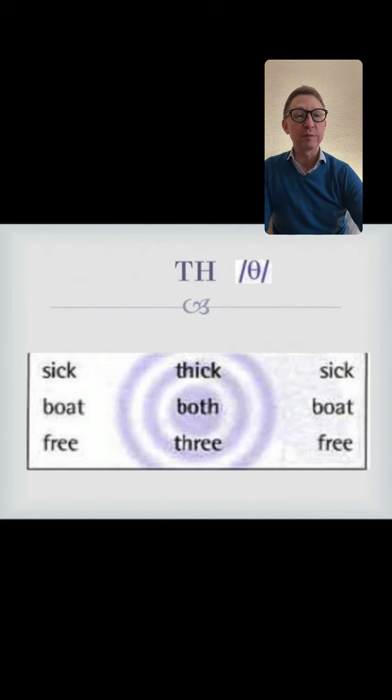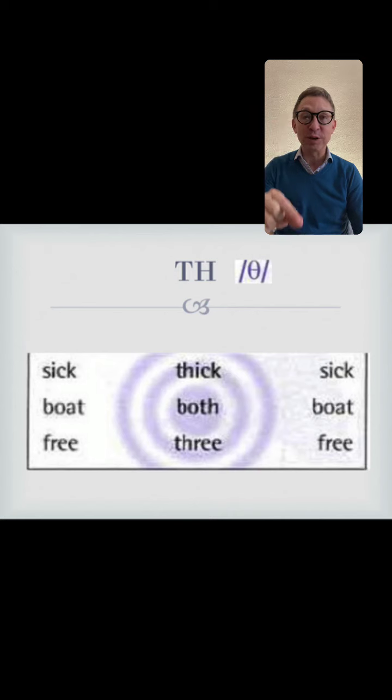We're going to look at the first one, by looking at similar sounds in our target language. Our target sound is in the middle. I'm going to say all three and then you repeat. Sick, thick, sick.